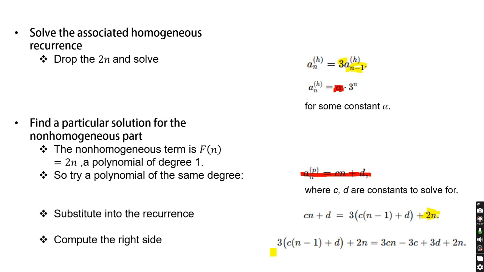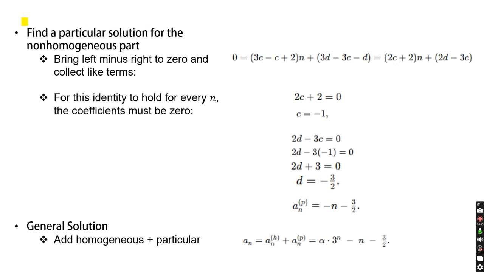If we multiply this out, we get 3Cn, minus 3C, plus 3D, plus our 2n. So we will bring left minus right to 0 and collect like terms.